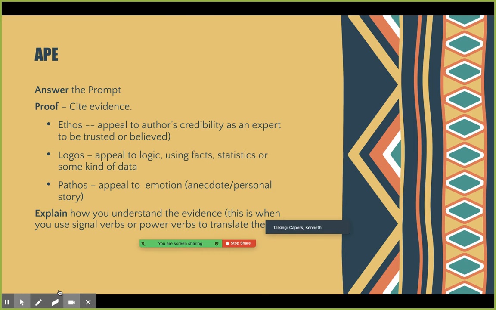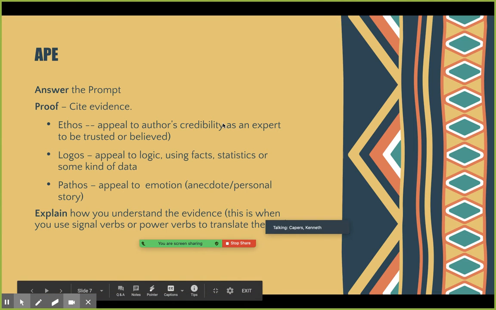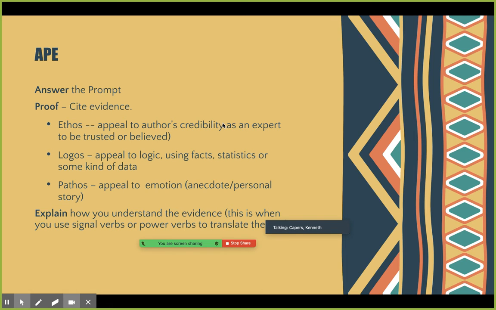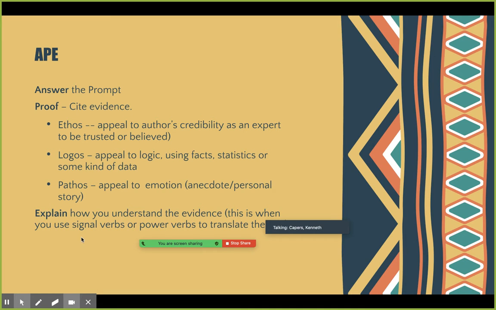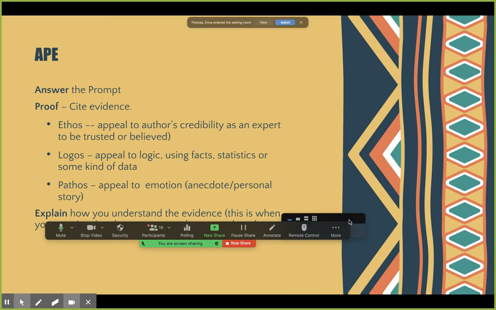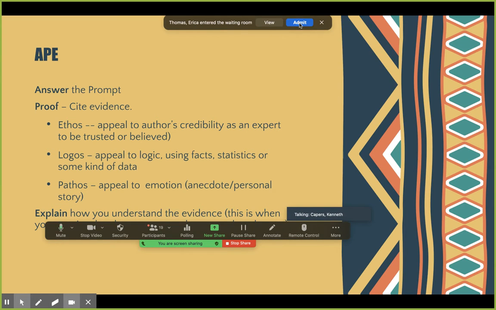Remember, a personal story. So that's the proof. So you're going to have to literally paraphrase it, quote it, summarize it, something from the text. And then what I want you to do, which is super important, is explain how you understand the evidence. Okay. This is when you use the signal verbs or power verbs.